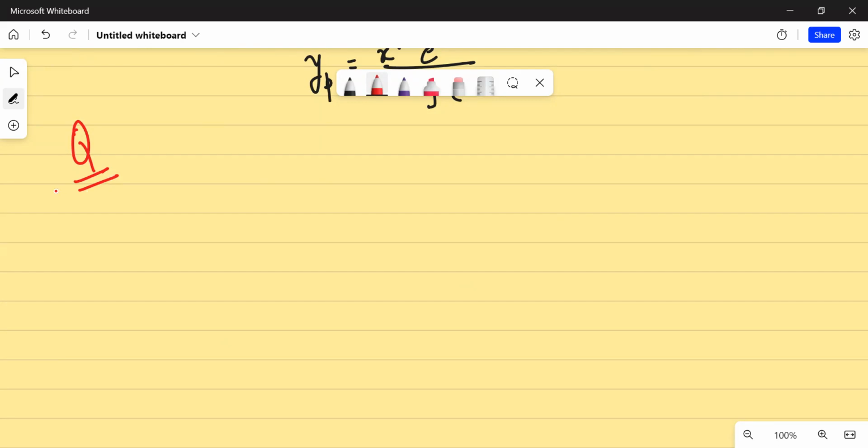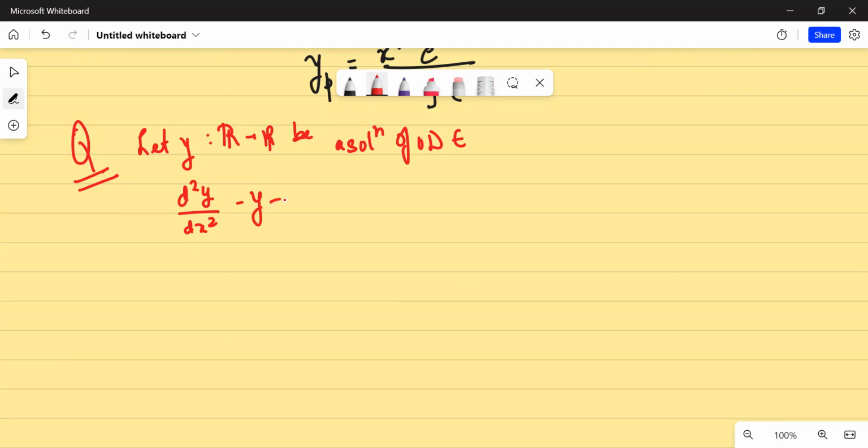Okay, here it is. So the question says: let y be defined from R to R, be a solution of the ordinary differential equation given by d2y upon dx2 minus y is equal to e to the power minus x for all x belonging to R, such that y(0) is equal to 0 and dy by dx at 0 is equal to 0.